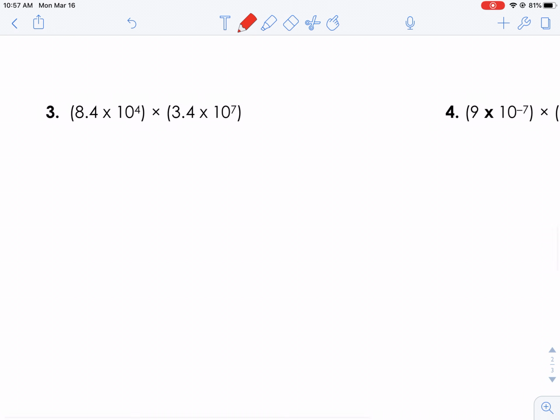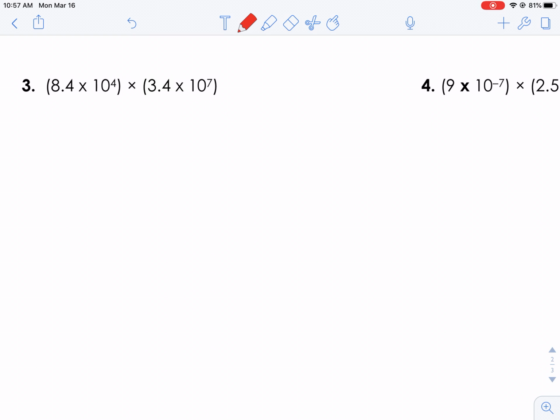Number 3, we have 8.4 times 10 to the 4th times 3.4 times 10 to the 7th. So again, we're going to multiply our numbers together. So we need to take 8.4 times 3.4.